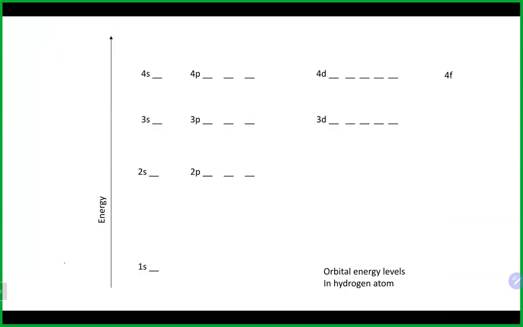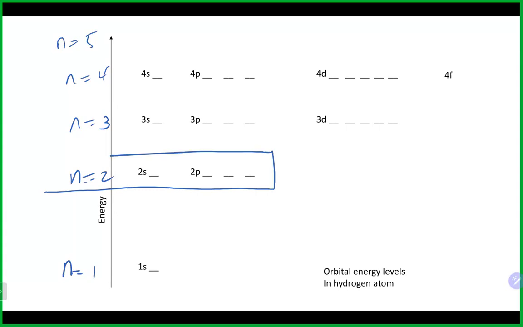This again would be our n equals 1. This would be our n equals 2, our n equals 3, and our n equals 4. By the way, there's an n equals 5, n equals 6, n equals 7, all the way up there. Now, we talked about these being subshells. There's also a terminology known as a level or a shell, if you took all the orbitals on a particular energy level.